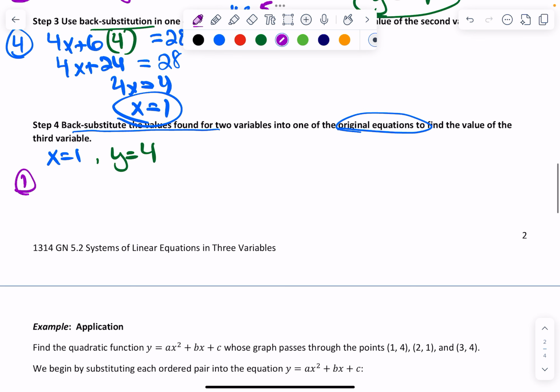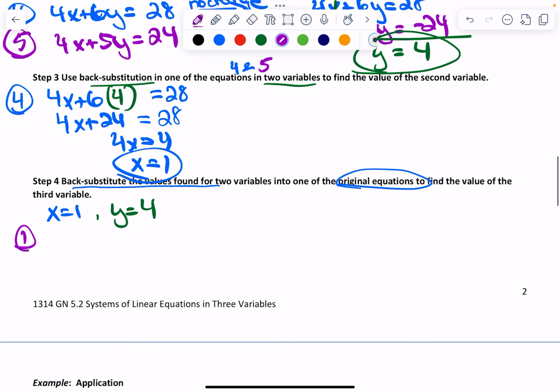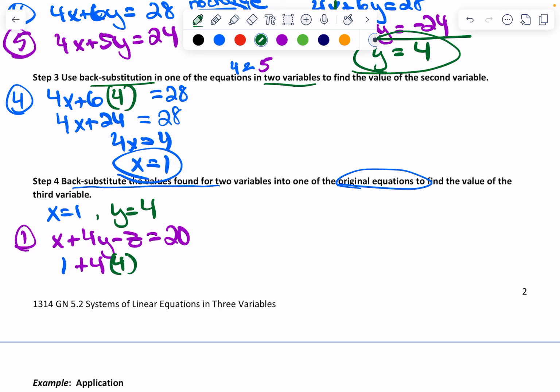So the first one is x plus 4y minus z equals 20. And now we're plugging in x as 1 plus 4 times 4 minus z equals 20.